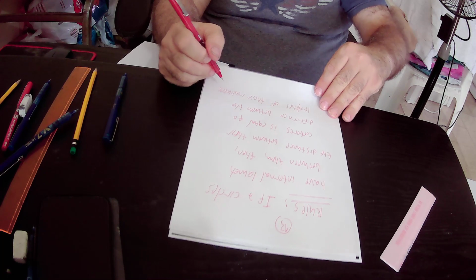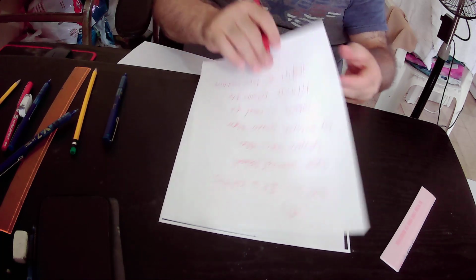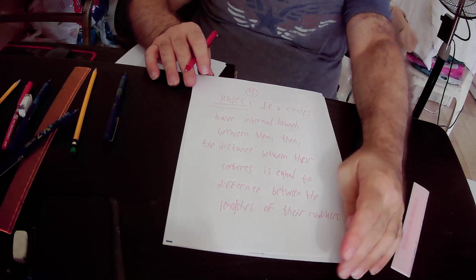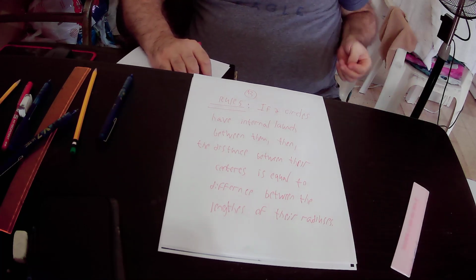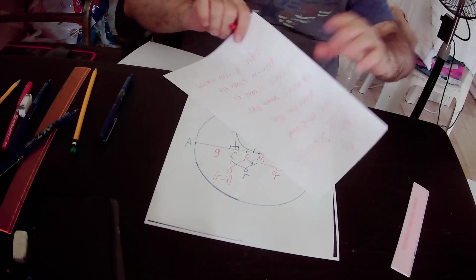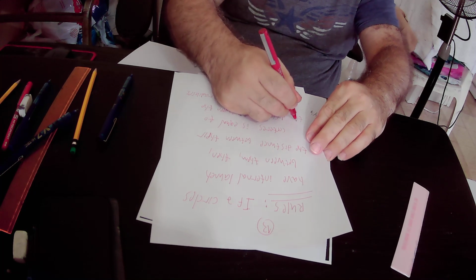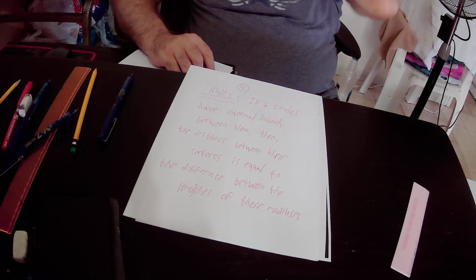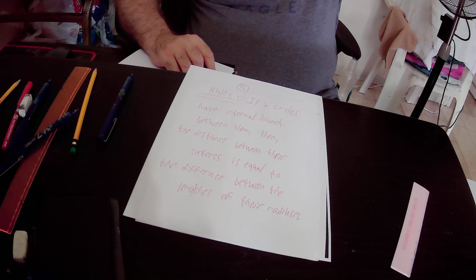So I will read rule number 5 again. Rule number 5 states that if two circles have internal tangent between them, then the distance between their centers is equal to the difference between the lengths of their radiuses.